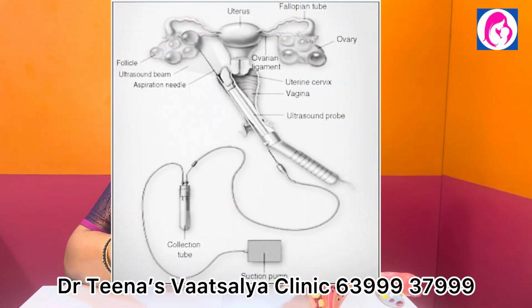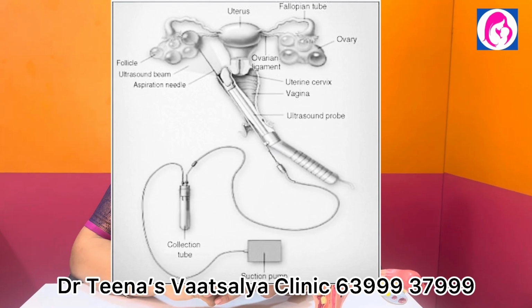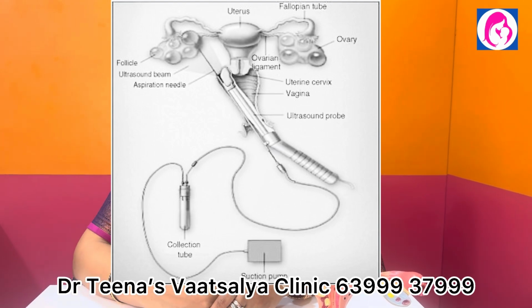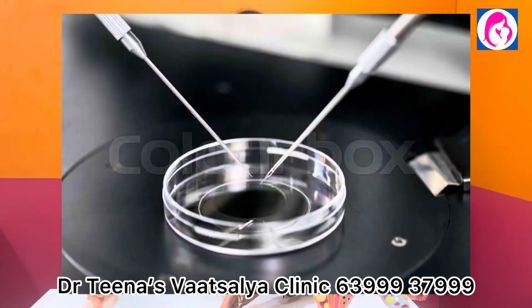Even before the ovulation happens, we will take out all the eggs from the female partner's body under anesthesia using a very, very small needle. We suck out all the eggs and they go to the IVF lab. The male partner will give the semen and the baby forms. The fertilization happens in the lab by the fusion of the sperm and the egg.